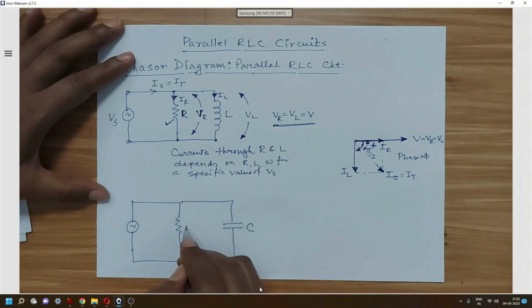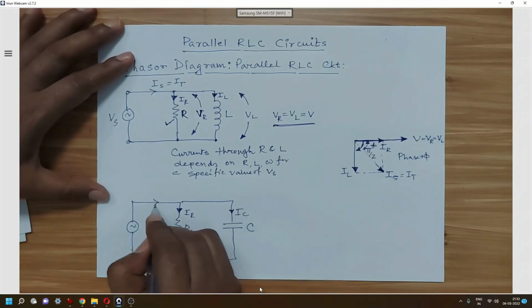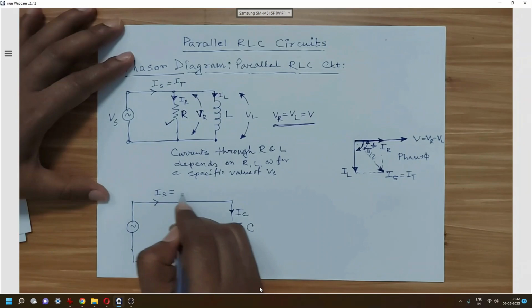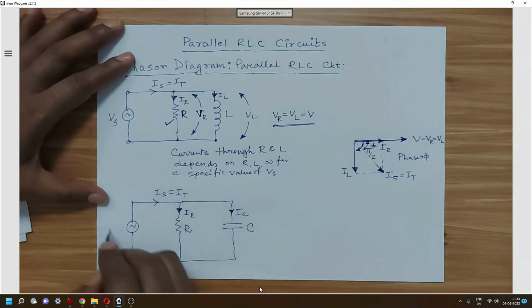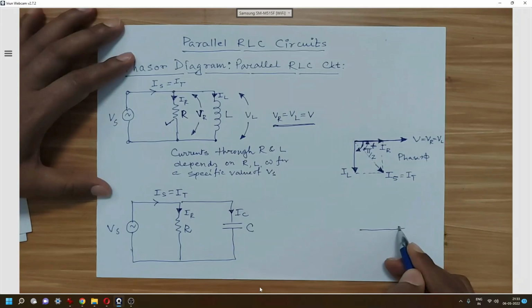The resistance is denoted by R, the current through the resistance will be IR, the current through the capacitance will be IC, the total current will be IS or IT, and the supply will be Vs. Now we will draw the voltage as reference.